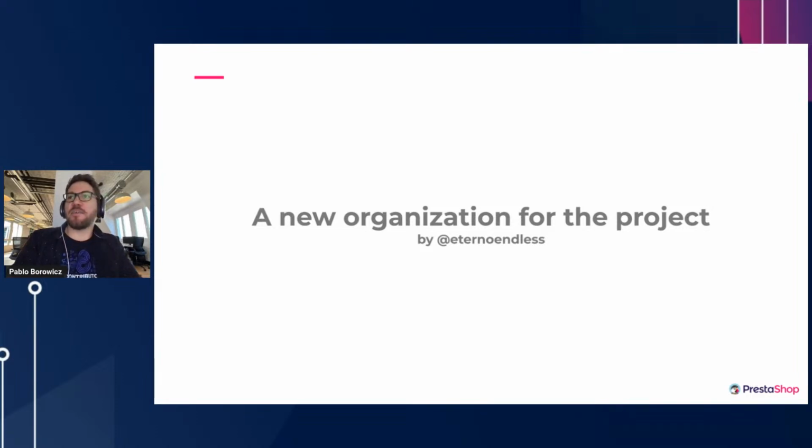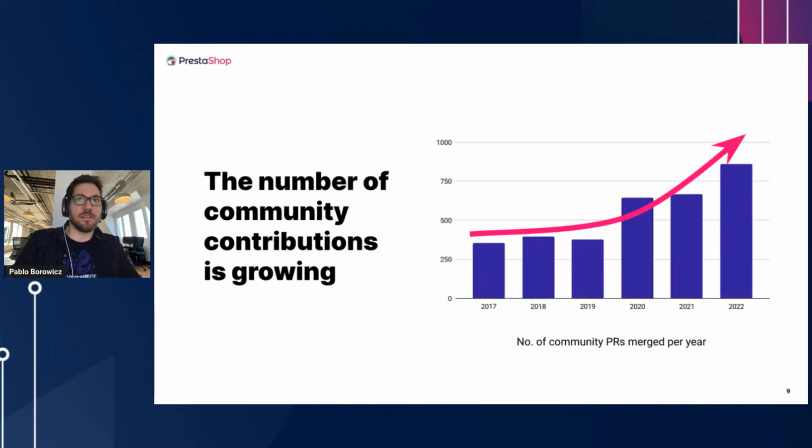So I have great news for everyone. Let's start with one of the best ones, at least for me. The number of community contributions has been growing across the project year after year for the past 6 years or so. And the current trend for 2023 is also very promising. I think we're going to reach the 1,000 mark this year.